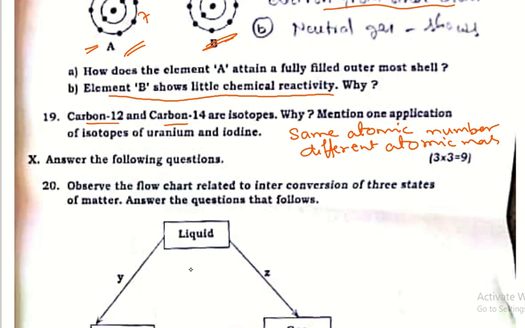You observe here that carbon 12 has atomic mass 12 and carbon 14 has atomic mass 14. Therefore, because the atomic mass differs, they are called isotopes. Uranium is used in fission and fusion reactions. Okay.